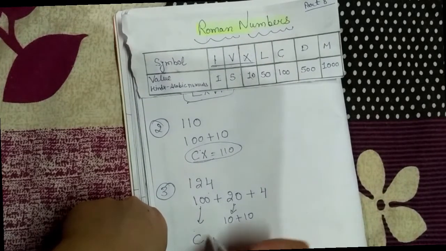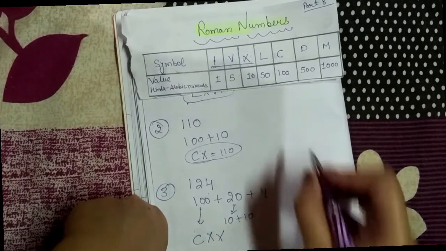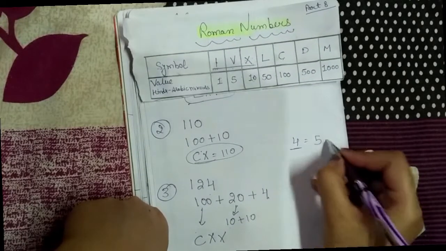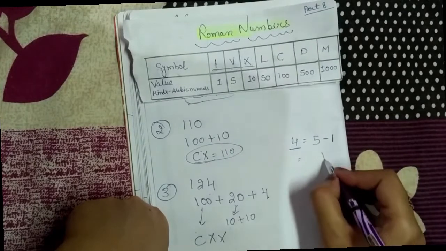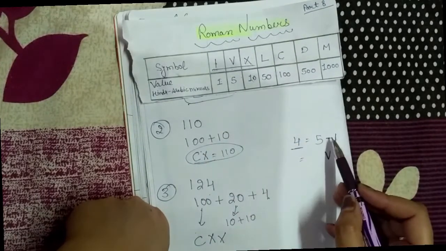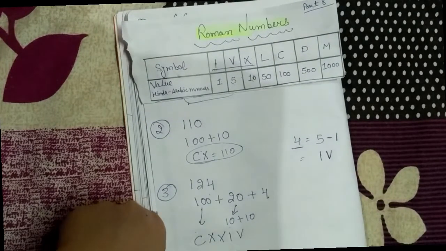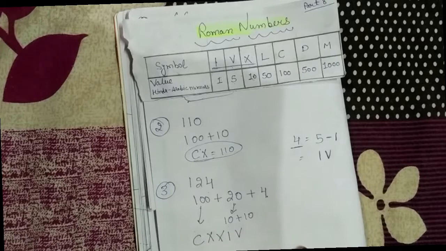For 10, I am having X. 4 can be written as 5 minus 1. So 5 means V, minus means left hand side 1, so IV. So what can be the final answer? Is it correct or wrong? It is correct. CXXIV is the correct answer.